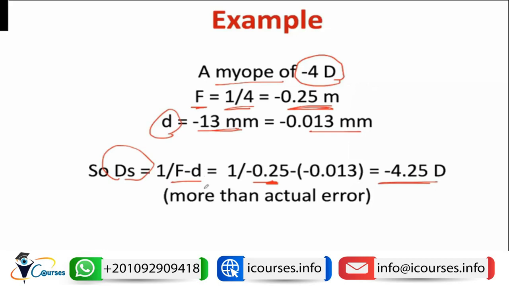So as you can see, although the patient has minus 4 diopters, when we are correcting him we are putting minus 4.25 diopters, because we are using a lens present in the spectacle plane, not in the principal plane. So if we are using a minus lens for correction of myopia, the minus glasses will actually be more than the actual error that the patient has.